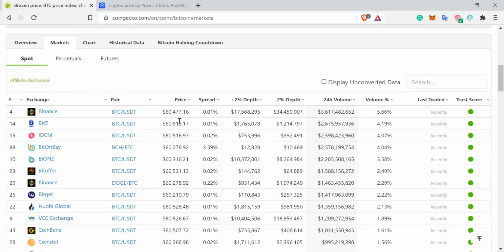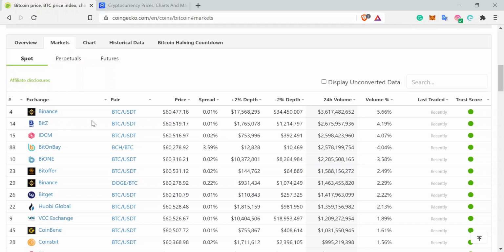Okay, now the liquidity is going to be an issue there because someone might not want to sell Bitcoin at 60,519 if they know the price is ultimately going to go down to 60,477. But you get the point. You can actually arbitrage and take advantage of these price differentials, and there are trades that will do that for you.